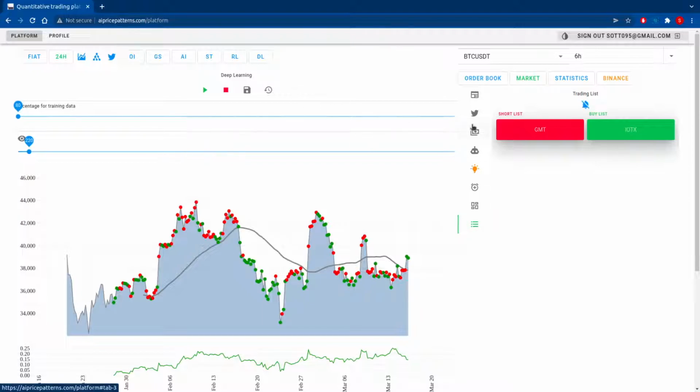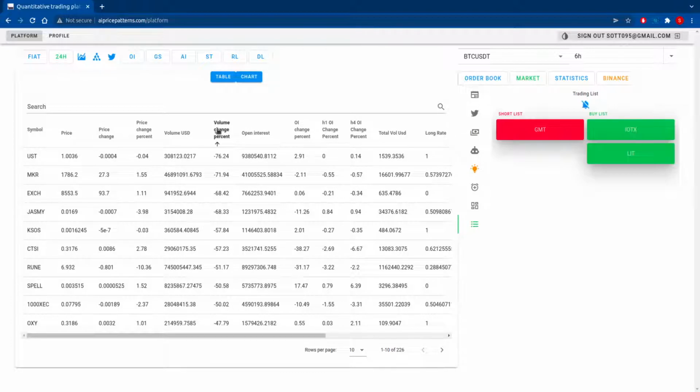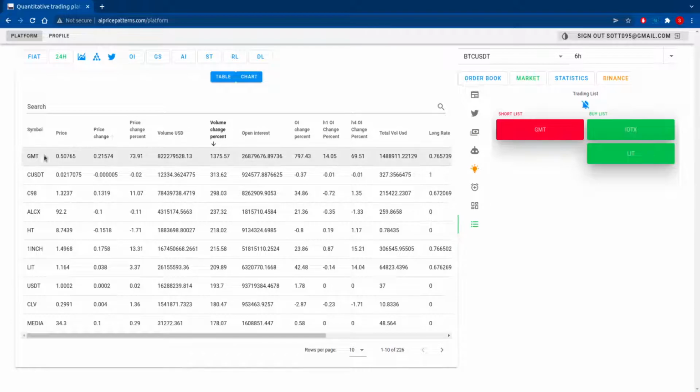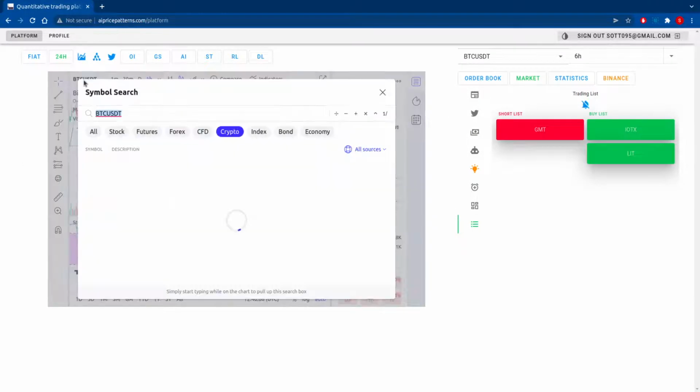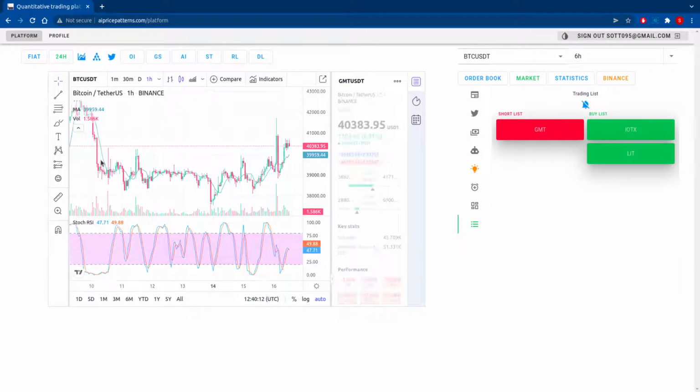Also, I'm trying to use some short list or long list. For example, if I'm looking at some unusual situation like the percent change, it's very interesting. GMT, for example, is some unusual situation. Let's look at this one and analyze GMT USDT.